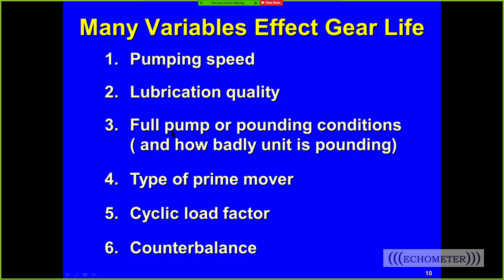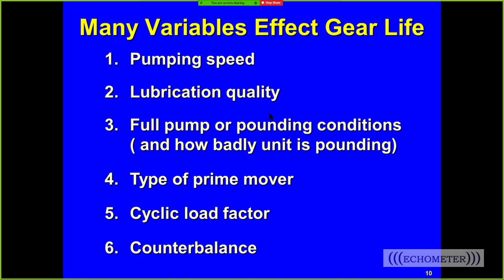Now, the next one, the full pump or pounding conditions. A lot of pumping units torque on the upstroke and downstroke kind of assume that the pump conditions aren't changing.